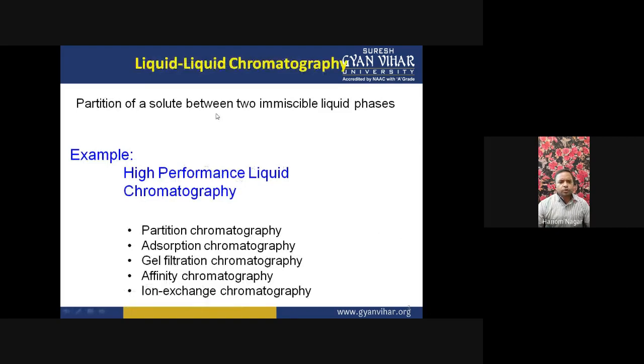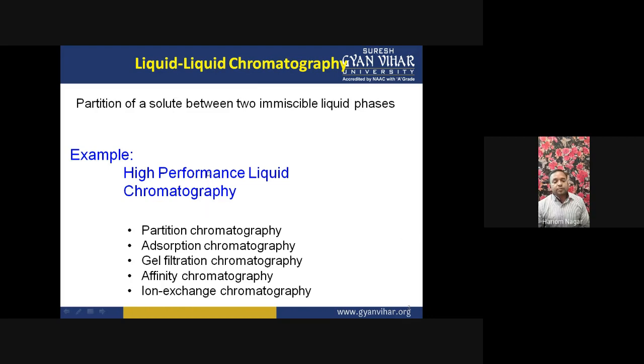Now, the partition of a solute between two immiscible liquid phases. Actually, in liquid chromatography, there is a partition of the solute molecule between two immiscible liquid phases. And one example of liquid chromatography is high performance liquid chromatography, right?